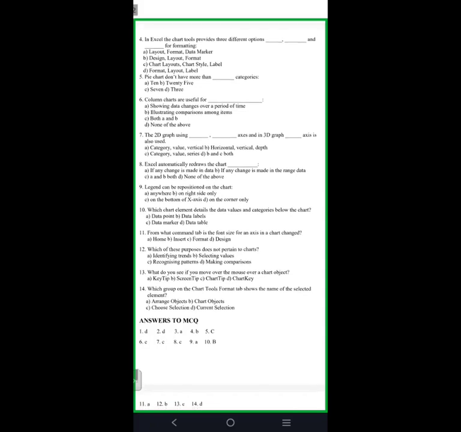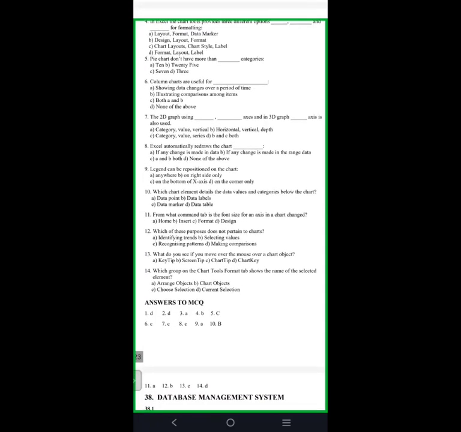Which of these purposes does not pertain to a chart? Selecting values. What do you see if you move the mouse over a chart object? Chart tip. Which group on the chart tools format tab shows the name of the selected element? Current selection.